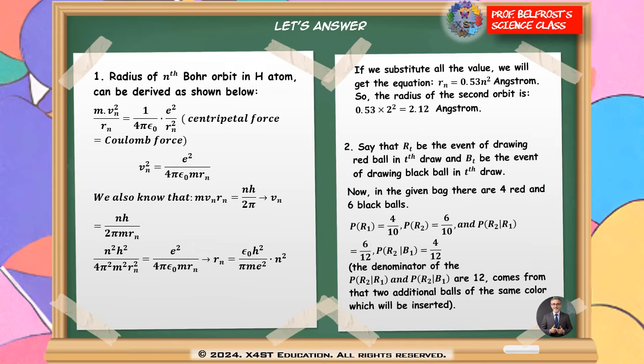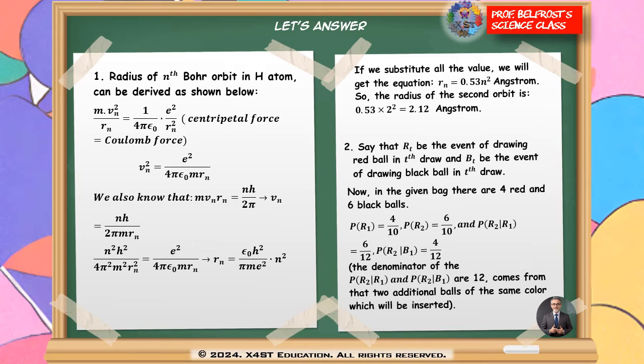Say that RT represents the event of drawing a red ball in the Tth draw, and BT represents the event of drawing a black ball on the Tth draw. Okay, you know what I mean. First, second, third, fourth, fifth. Now in the given bag, first we have four reds and six blacks.